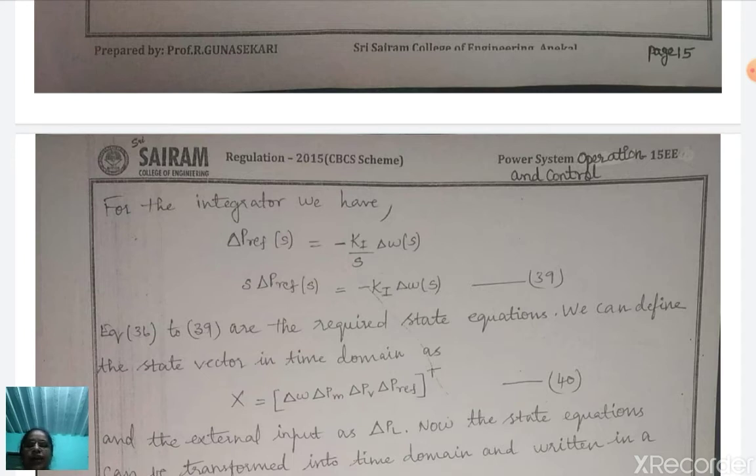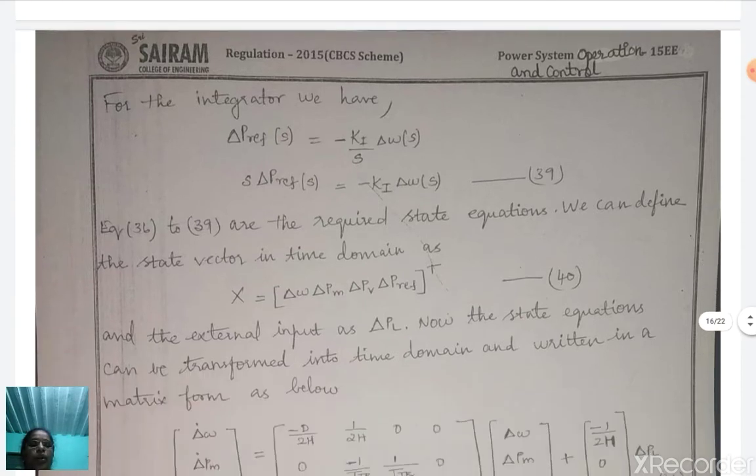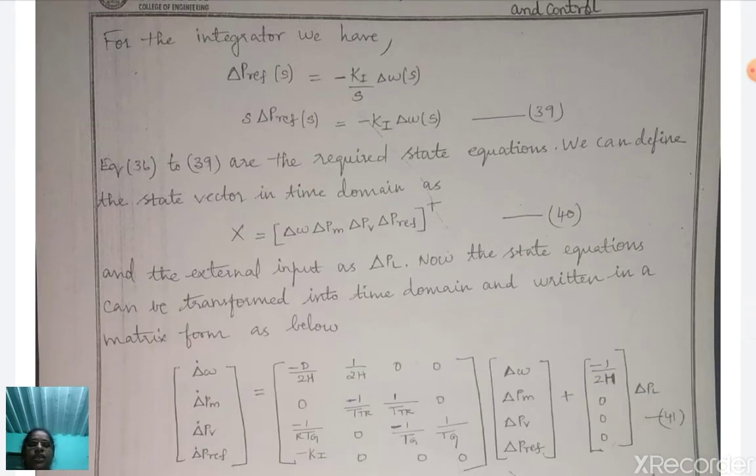We can define the state vector in time domain only. What is the state vector? That equation is x equal to del omega, del Pm, del PV, del P reference, the transpose only. The external input is del PL, that is the change in load.